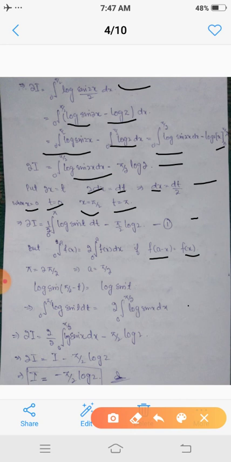That is simply 2I equals I minus pi by 2 log 2, because I is the integral 0 to pi by 2 log sine x dx, which implies that I equals minus pi by 2 log 2. Hence, the integral 0 to pi by 2 log sin x is simply minus pi by 2 log 2, and we solved this by using the properties of definite integrals.